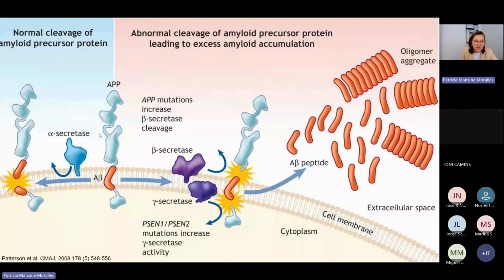So the cleavage of APP by ADAM10 releases sAPP alpha, that is a protein fragment with neuroprotective effects. This justifies the potential role of ADAM10 as a biomarker protein, and especially in peripheral media, for example, as blood.